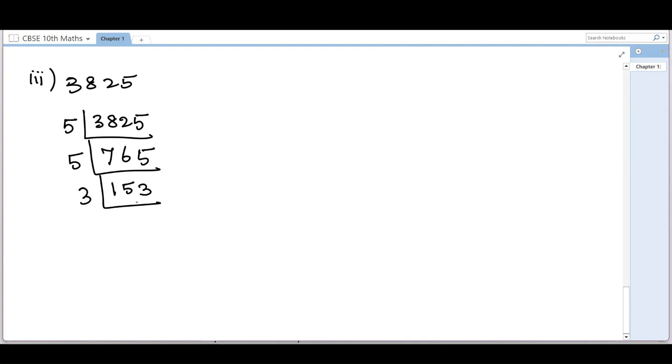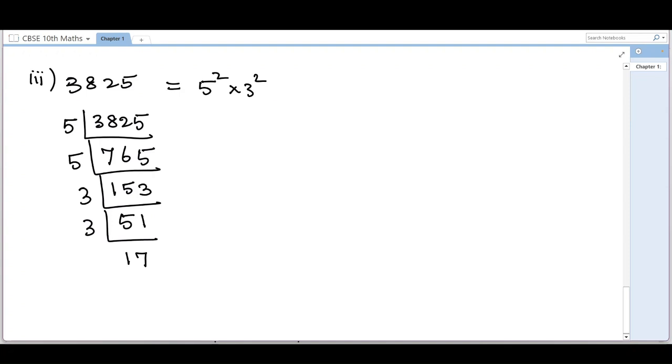Now let me choose 3. So 51. Again let me choose 3. So 17. So the prime factors for this number is 5 square into 3 square into 17.